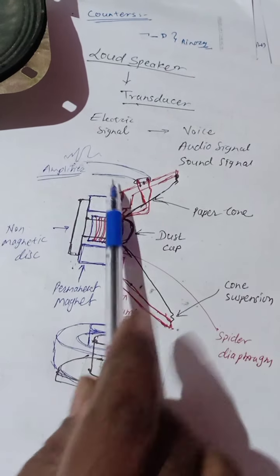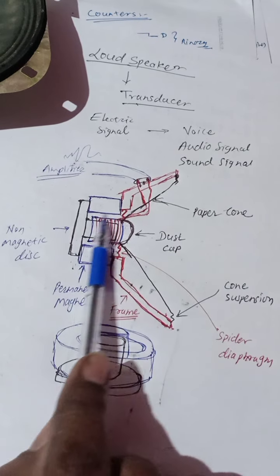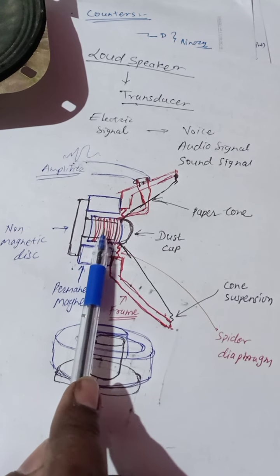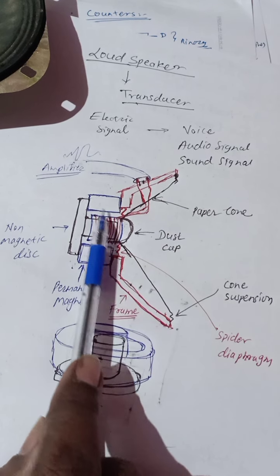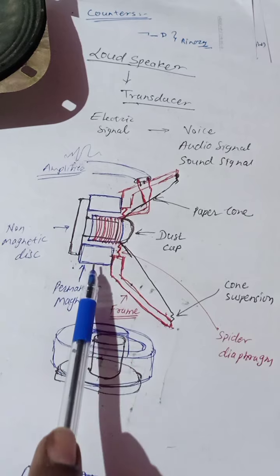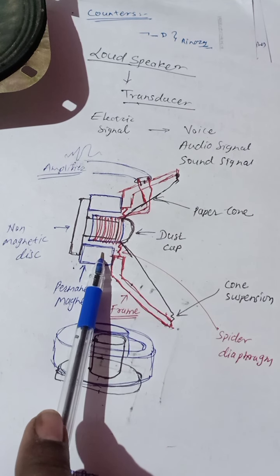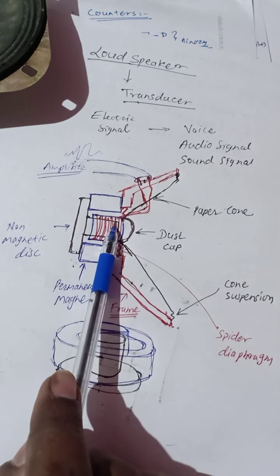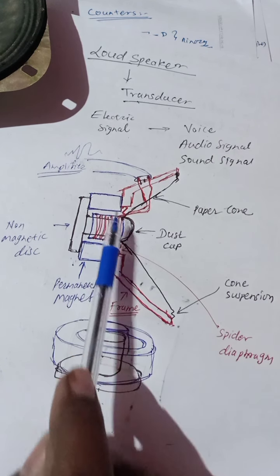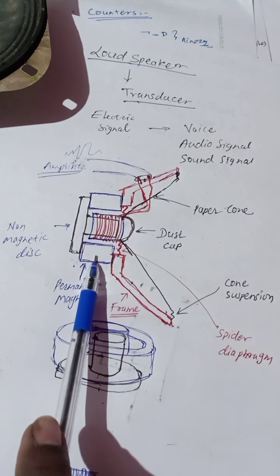This changing magnetic field interacts with the permanent magnetic field. This permanent magnet generates a fixed magnetic field, and the changing magnetic field interacts with this fixed magnetic field which is created by the permanent magnet.